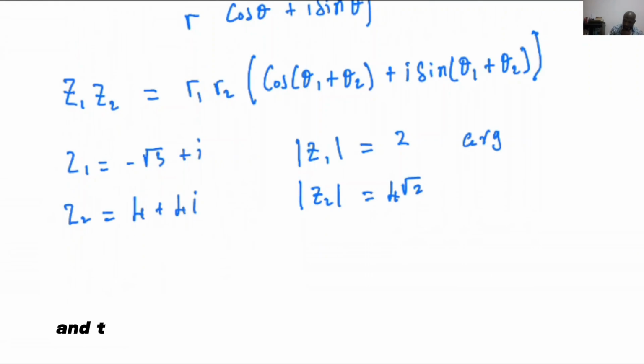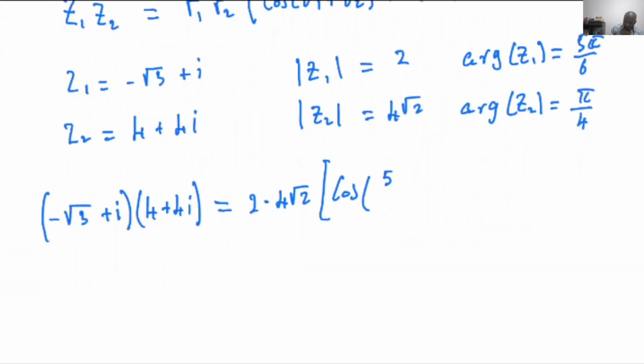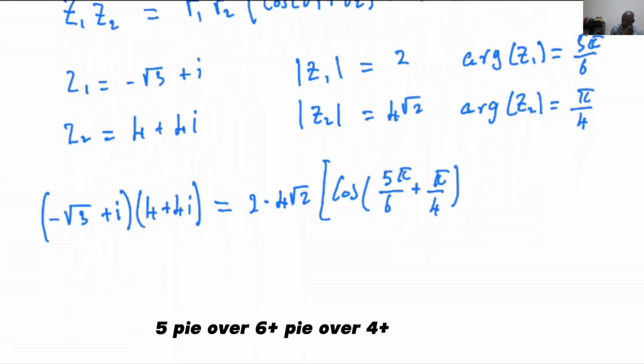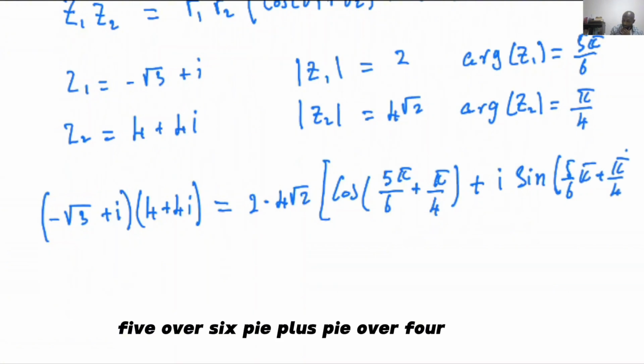And the argument of z1 we got 5 pi over 6, and the argument of z2 we got pi over 4. So cos of 5 pi over 6 plus pi over 4, plus i sine of 5 over 6 pi plus pi over 4.